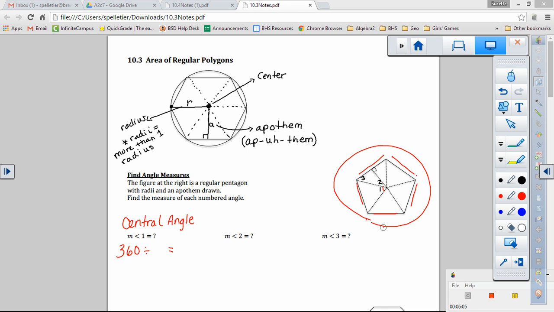So how many of them are there? We just counted 1, 2, 3, 4, 5. So the same number of sides. So we're going to divide by 5, and we find out that angle number 1 is 72 degrees. So divide 360 by the number of sides.